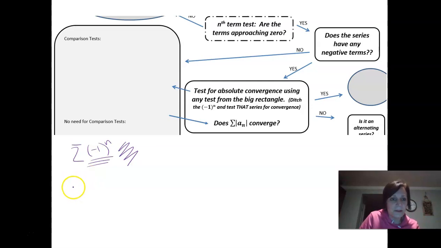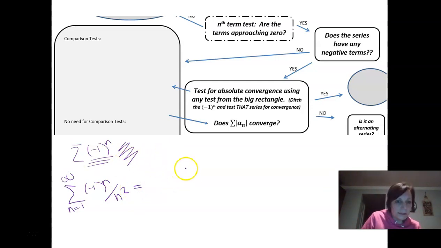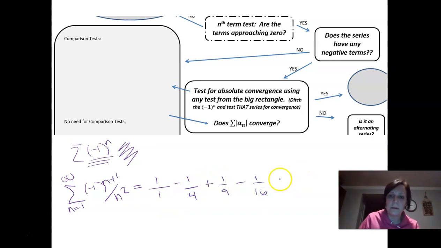If we have a series that alternates, let's try this guy. If I write out a few of these terms, it's going to be a minus 1, so a 1, and then a 2 is going to be a 4, and then a 3 is going to be a 9, and then a 4 is going to be a 16, and then a 5 is going to be a 25.